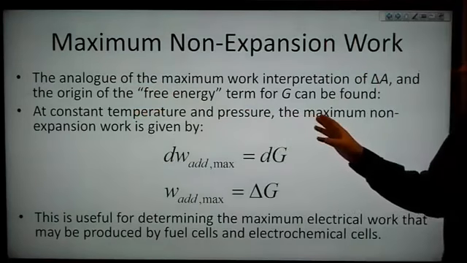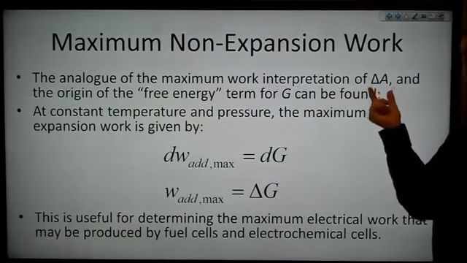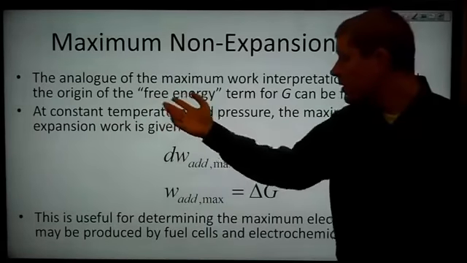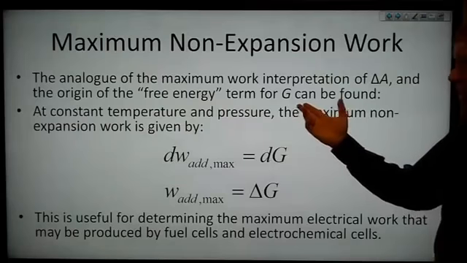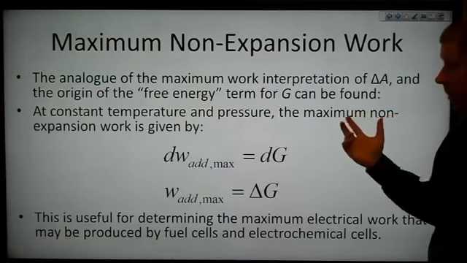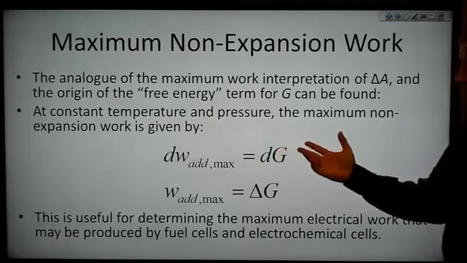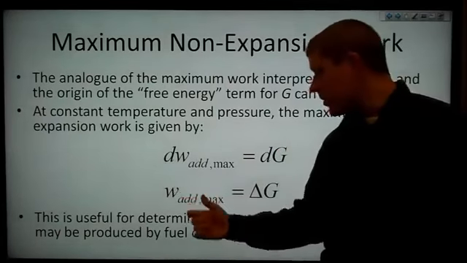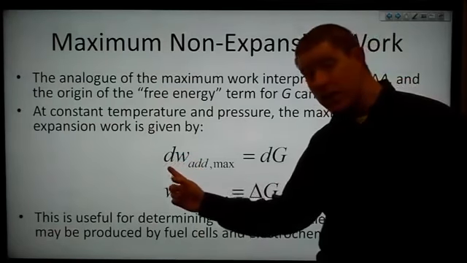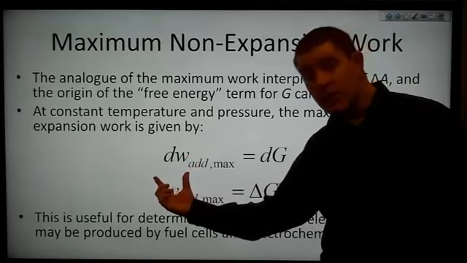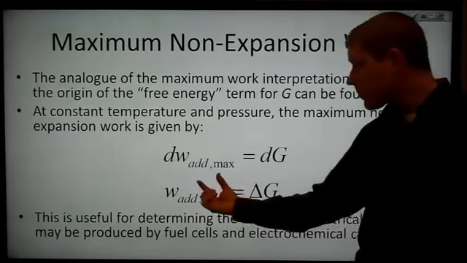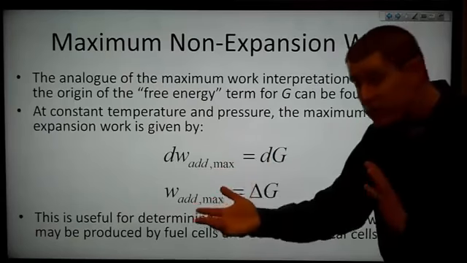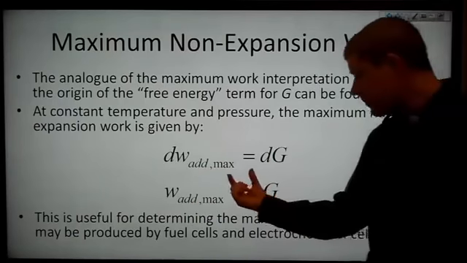And the analog of the maximum work interpretation of our change in Helmholtz energy, delta A, and the origin of the free energy term for Gibbs energy can also be found. So at constant temperature and pressure, the maximum non-expansion work is given by this. This is the infinitesimal amount of additional work that can be done that's non-expansion work, so work above and beyond the expansion work.